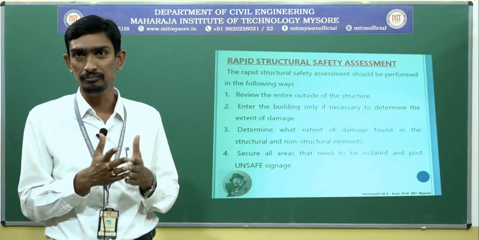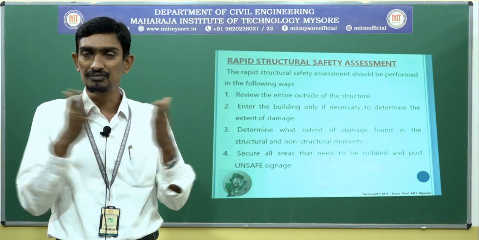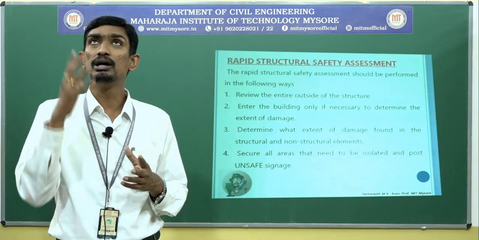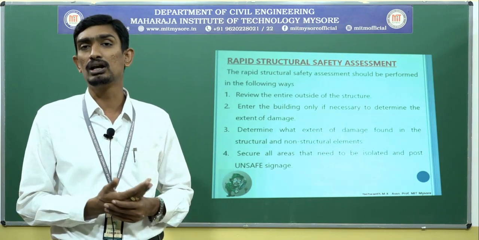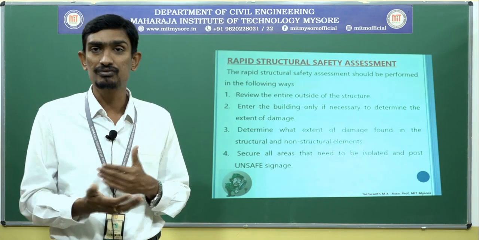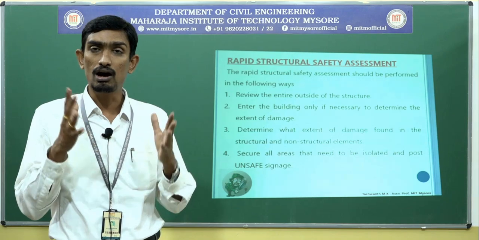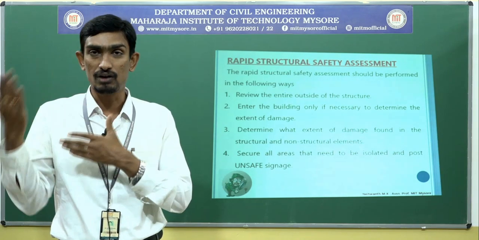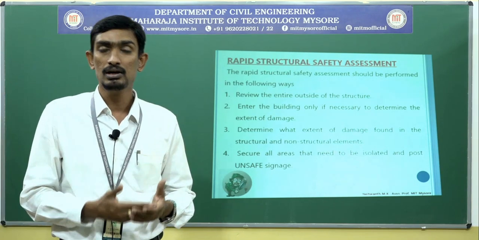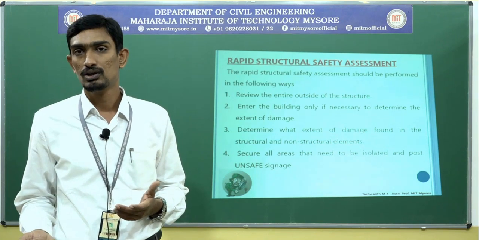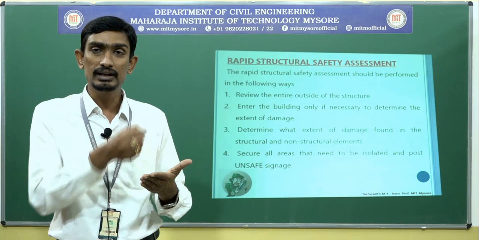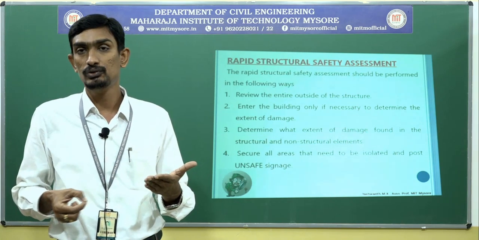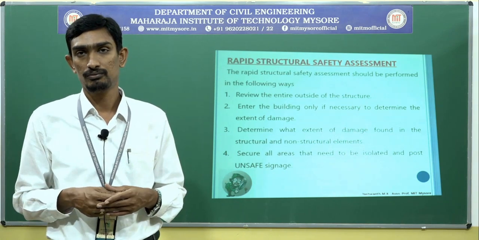For example, in the beam, what is the deflection that has happened, how much spalling has happened, whether they have given a proper cover or not, what is the extent of corrosion. All these things you need to know. Likewise for column, slab and footing. You need to note down the extent of damage.